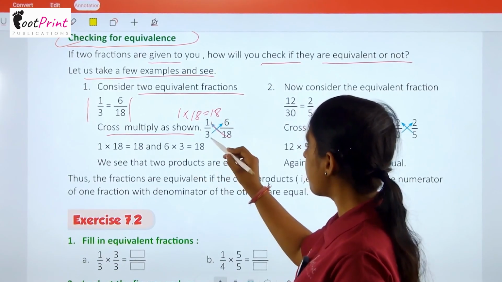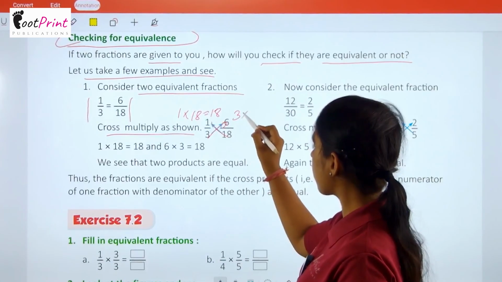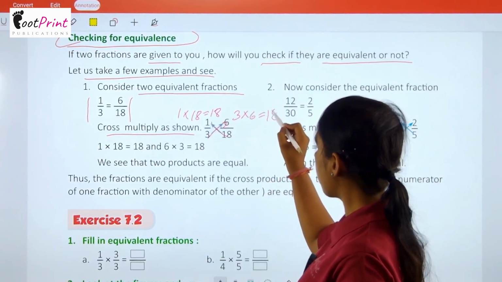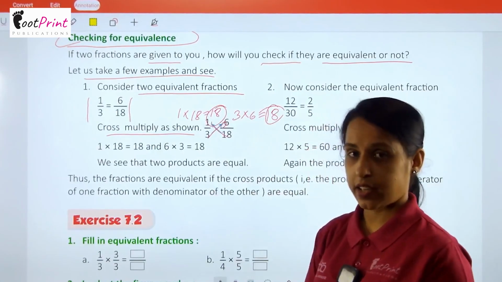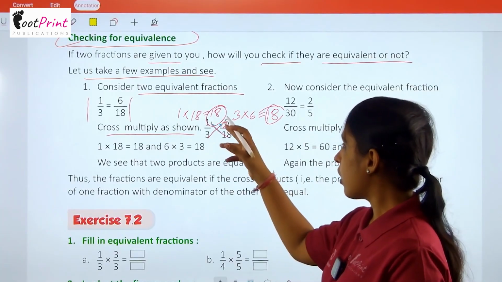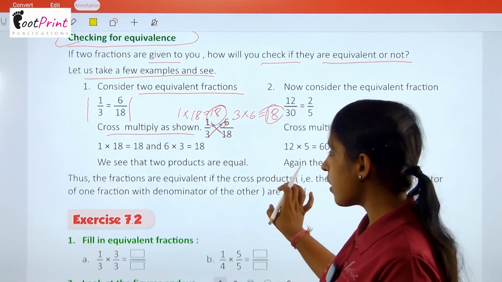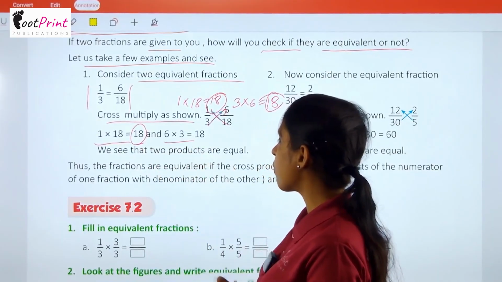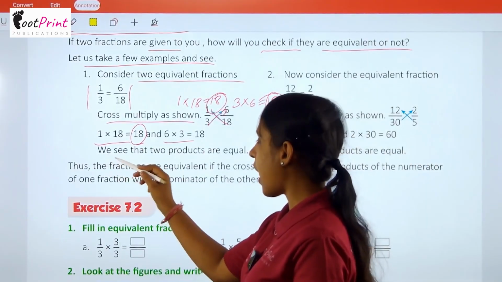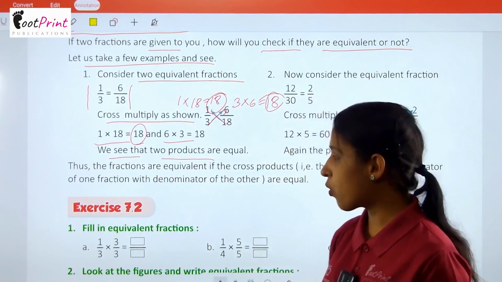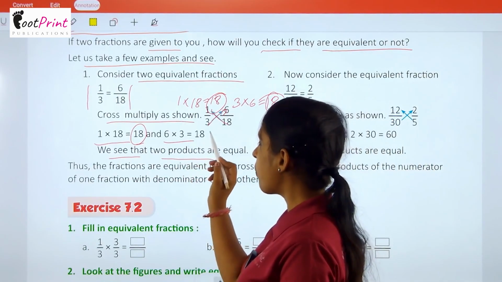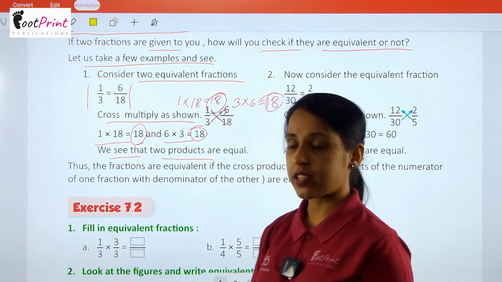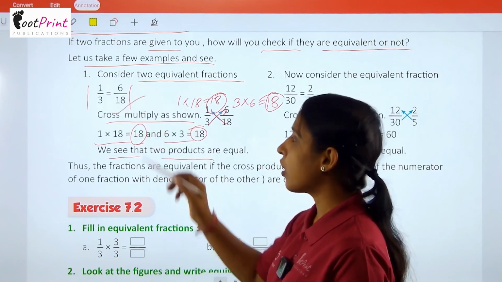And here 3 into 6 becomes 18. So we get 18 in both. It means we can say 1 into 18 equals 18 and 6 into 3 equals 18. We see that the two products are equal, or we can say that if the two cross products of these fractions are equal, it means these are equivalent fractions.